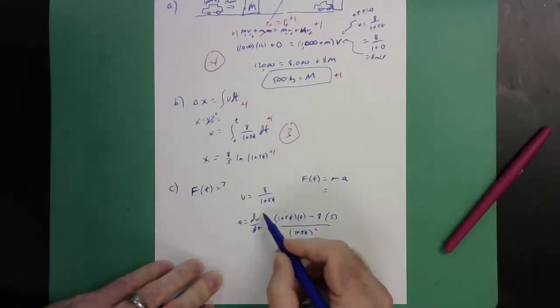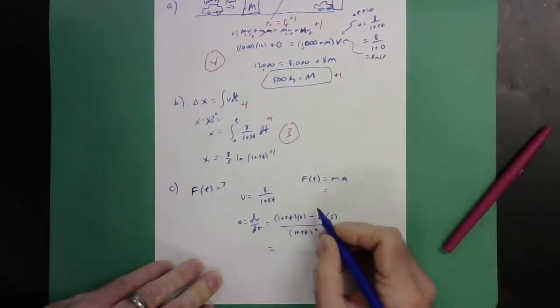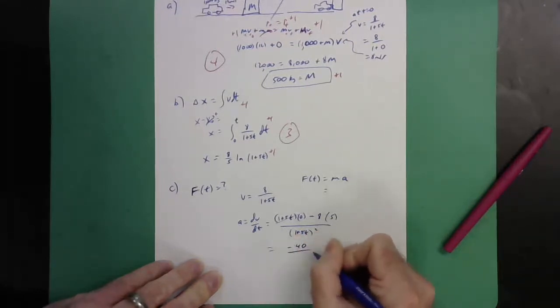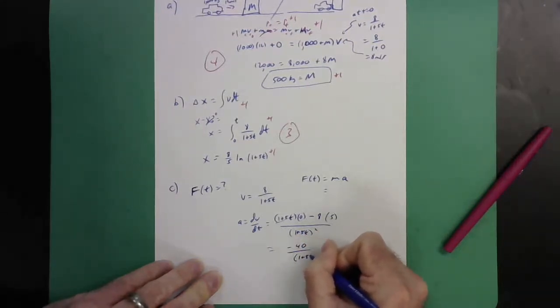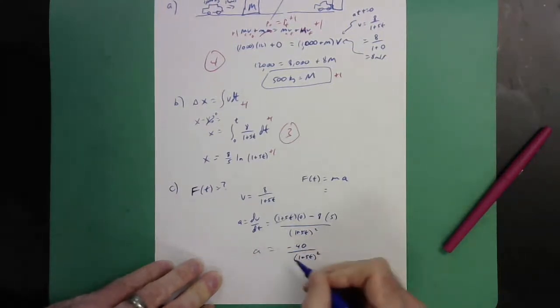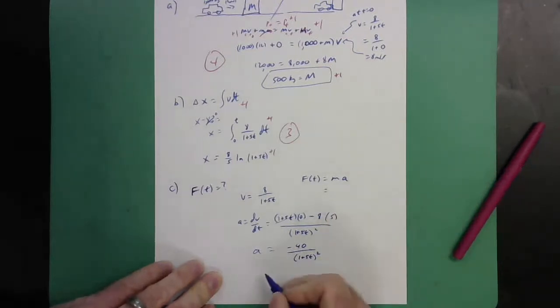Should I have written out the derivative of 8 over 1 plus 5t, dt? Maybe. But what's that going to be? Times 0, that term drops out. So it's just negative 40 over (1 plus 5t) squared, which would be the acceleration. I want the force, so I multiply that acceleration by the mass.